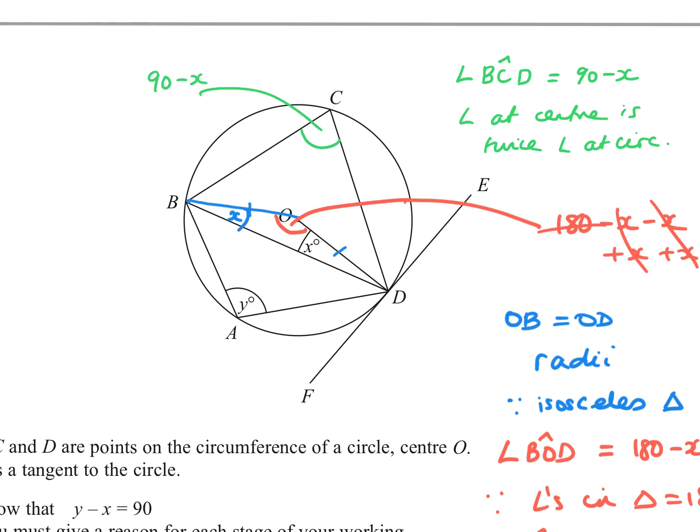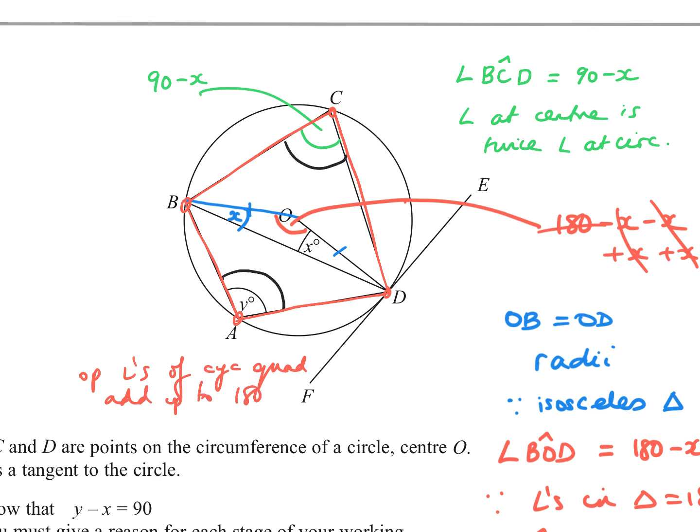And then the last thing to note is that this angle plus this one, well, they're angles in a cyclic quadrilateral. All that means is there's a four-sided polygon, a quadrilateral, which is enclosed and touching the circle at all times. So it has 1, 2, 3, 4 points on the circle. So we can say opposite angles of a cyclic quad add up to 180 degrees.